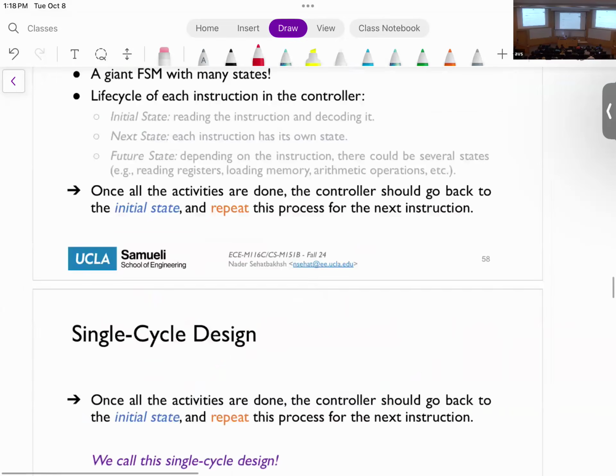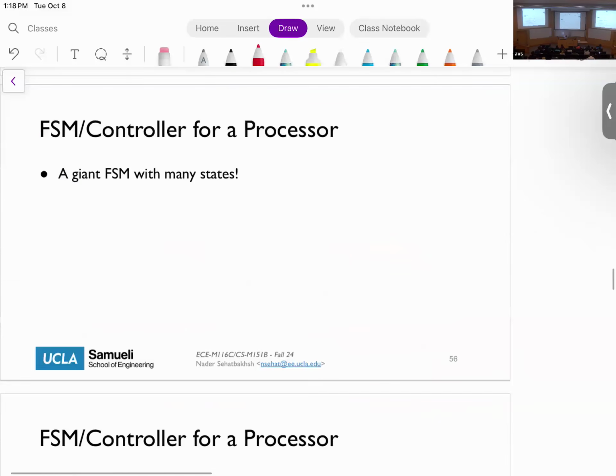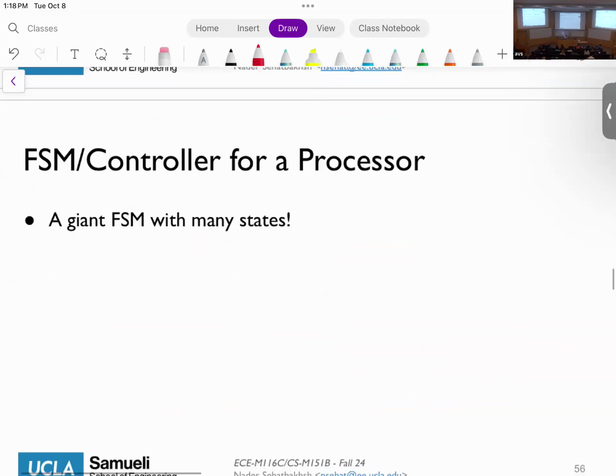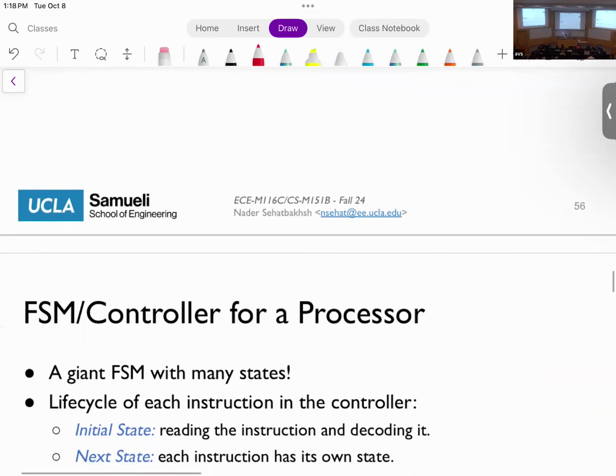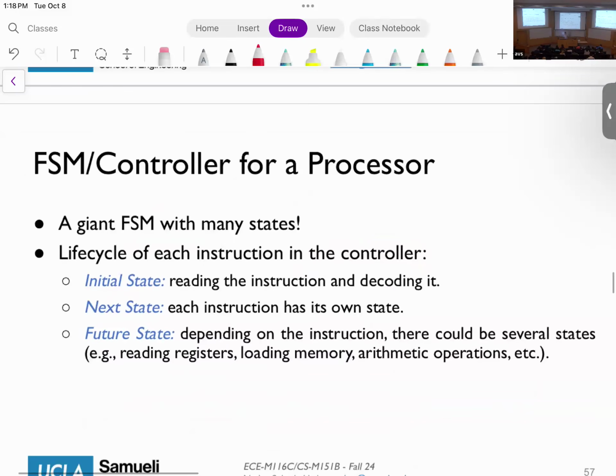So going back up, as I said, the FSM for a processor would be a giant FSM. And then again, if you remember the life cycle of instructions that I told you, we fetch, then decode, then execute, and then go to the next state. That's basically what we do, right? So we start with reading instructions and decoding them.